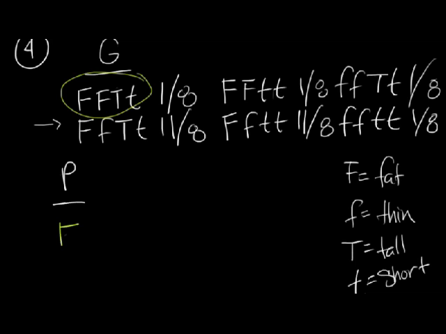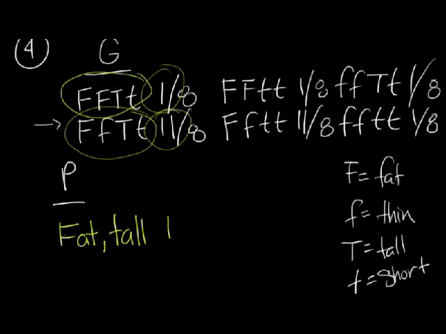So that means this is going to be a fat lip, tall, bear. And how many do we write? We wrote 1. Then we go to the next one. That's also fat and tall. And we said there's 2 of them, so we marked 2. So now we have a total of 3.